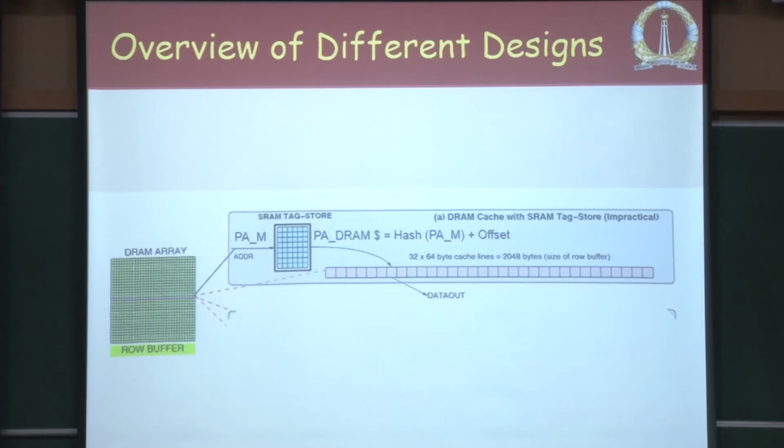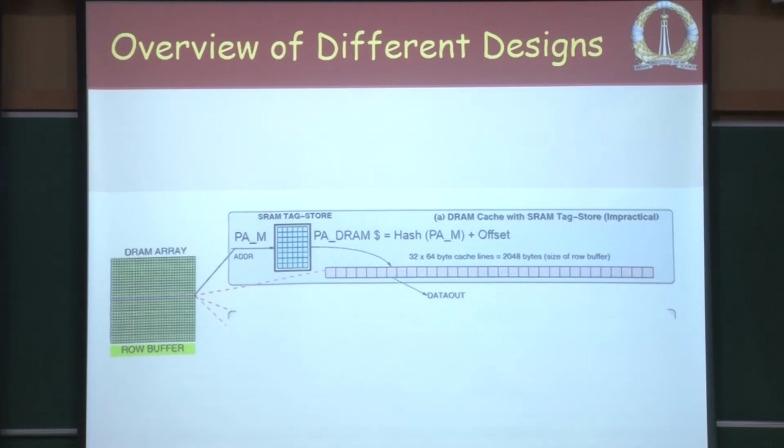So essentially what you need to do is first do the tag check, and after the tag check is done, if the data is available in your DRAM cache, you go to that specific memory location and get that from that particular way number. So, essentially you need to calculate the address in the DRAM cache even before you access the data, because you need to identify the way number.